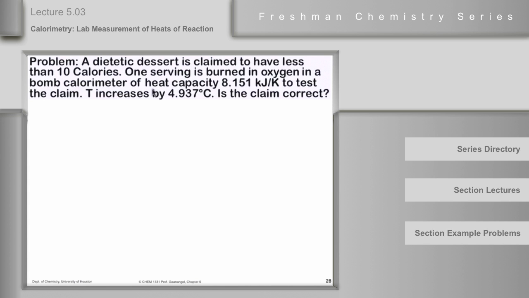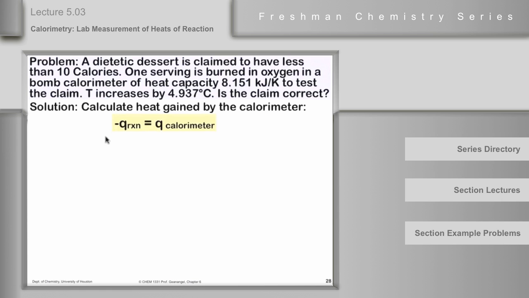Is the claim correct? So we're going to calculate the heat gained by the calorimeter. And in this case, this kilojoules per Kelvin number includes the water that's in the calorimeter as well, because you don't see any citation for how much water is there. So the water is included in this. Minus Q gained equals Q lost. Minus Q lost equals Q gained. Minus Q of the reaction equals Q of the calorimeter. Q of the calorimeter is the heat capacity of the calorimeter times delta T, which is 8.151 kilojoules per Kelvin times 4.937 Kelvin.